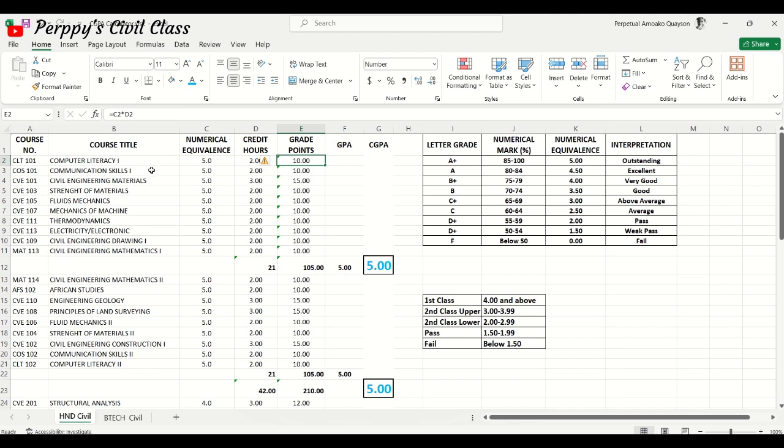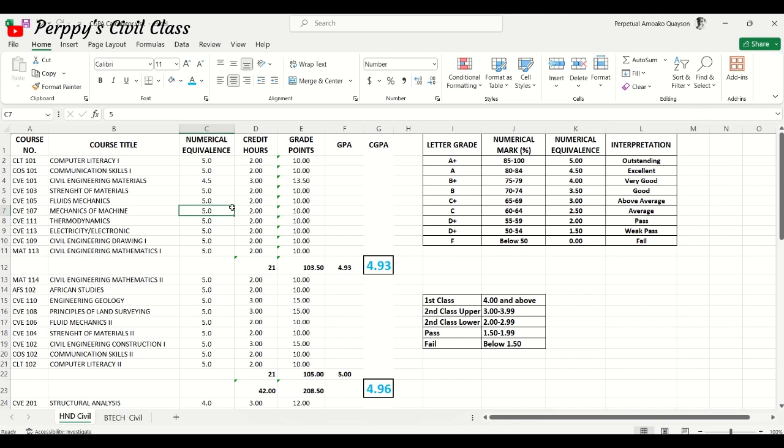Communication skills was not so difficult, so maybe you also had an A plus there, which is 5. Civil engineering materials was not difficult, but maybe you had an A instead of A plus, so an A is 4.5. Where the 5 is, you just input 4.5.